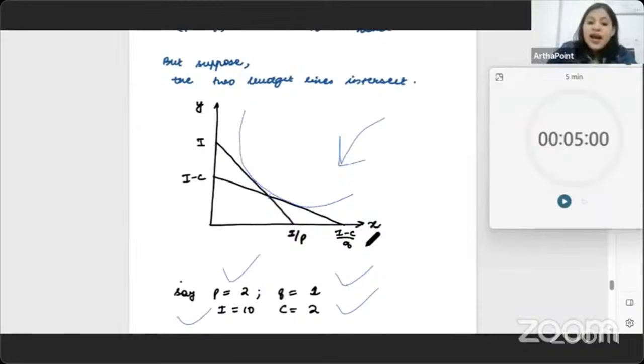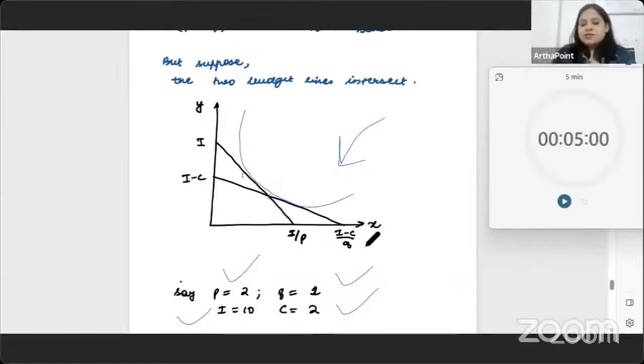But an IC which is tangent to both budget lines cannot pass through the kink point, their intersection point. So I will still not be able to find one optimal bundle that satisfies both the budget line equations.